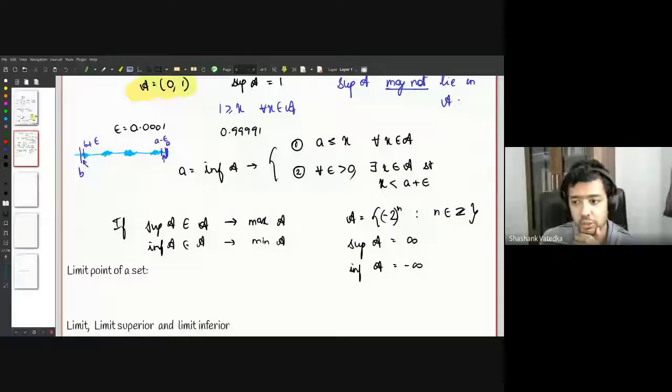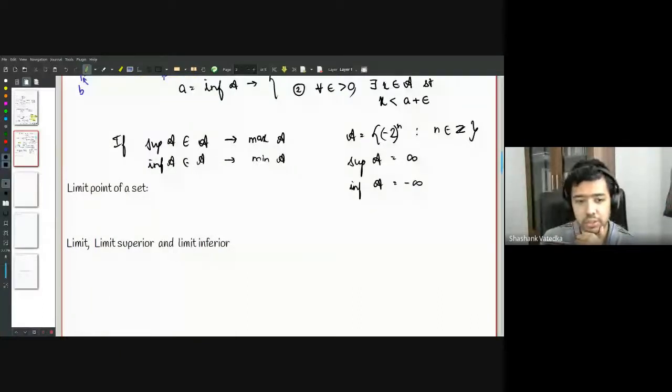That is what distinguishes these two. In particular, if the set A is closed, if it's not an open set, then the supremum is equal to the maximum. So the maximum exists, and the minimum also exists.